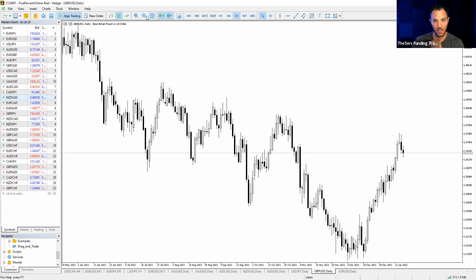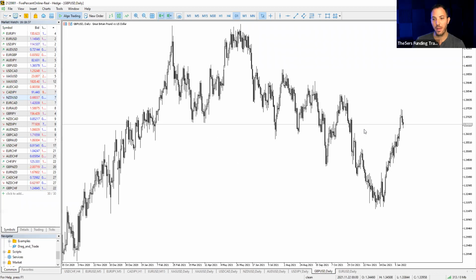Similar on the pound. Again, this is a hard pattern to trade, because we are reacting to supply.